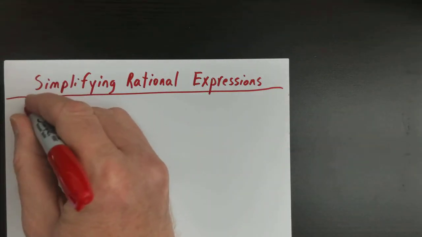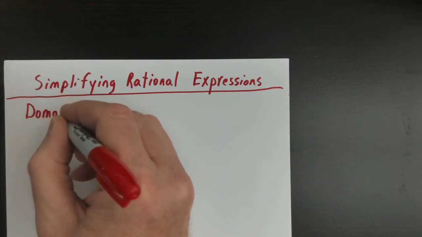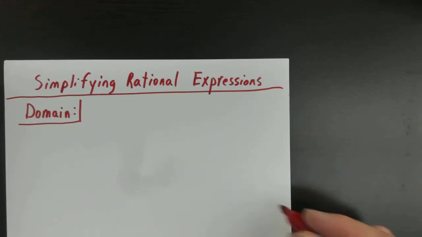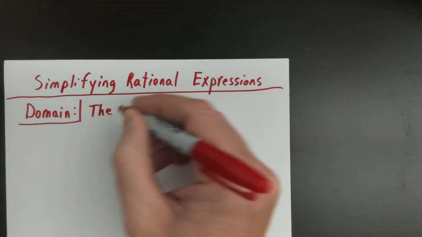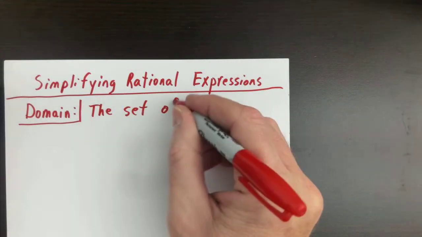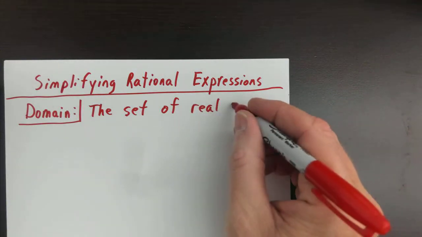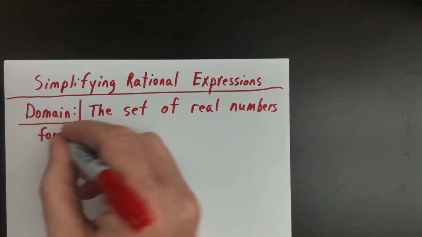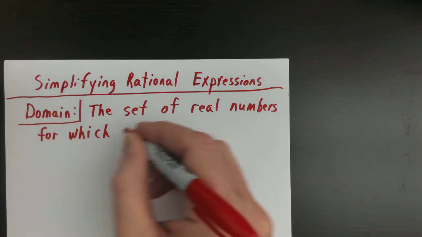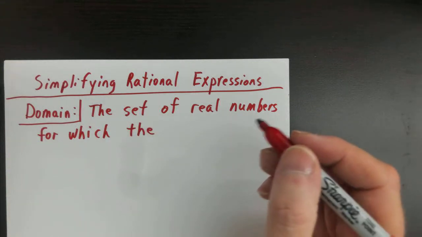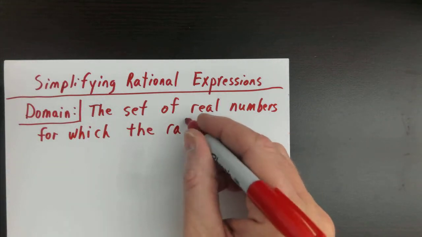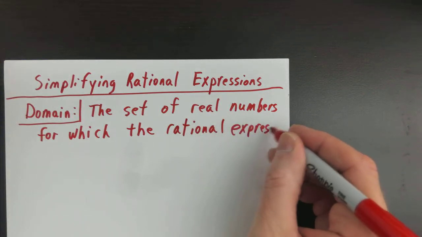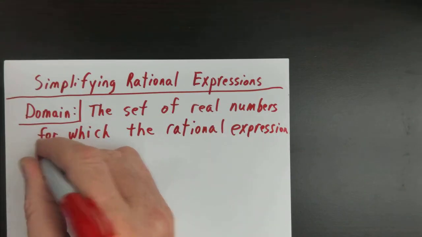One of the things we want to discuss today is what is the domain of a rational expression. And the domain is the set of real numbers for which the rational expression is defined.